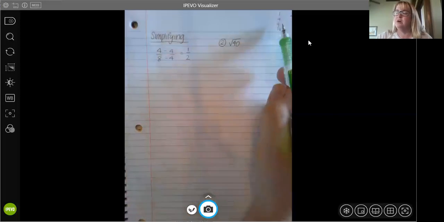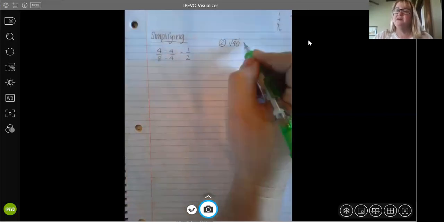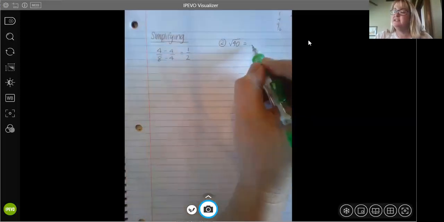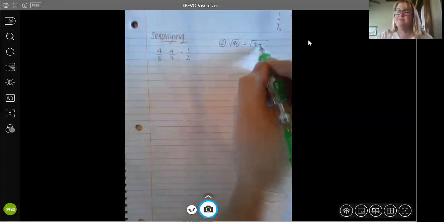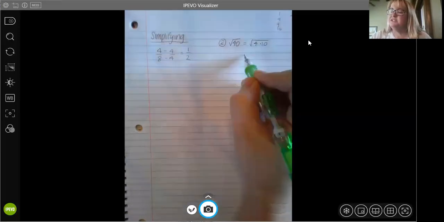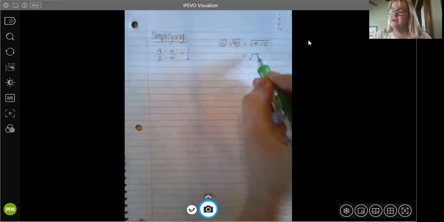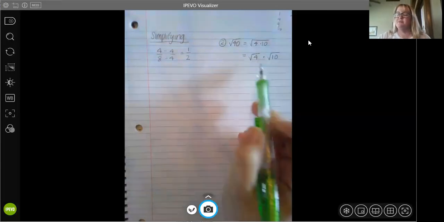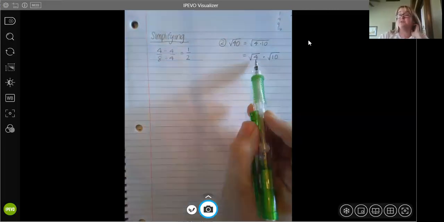So are any of these square numbers factors of 40? Well, yes, 4. So what I need to do is think of the square root of 40 as the square root of 4 times 10. Okay? And I'm just doing this for clarity's sake. This is the same thing. All I did was separate it out. The square root of 4 times the square root of 10.